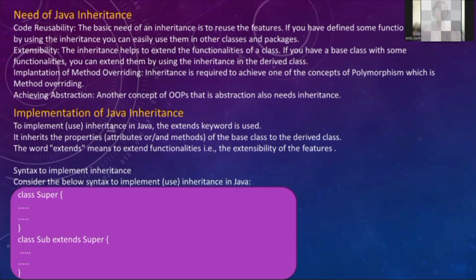The syntax to implement inheritance we can see here in the highlight: class Super, and in the brackets we can define the methods, and the next is class Sub extends Super. Super is a keyword and extends is also a keyword, followed by Super.